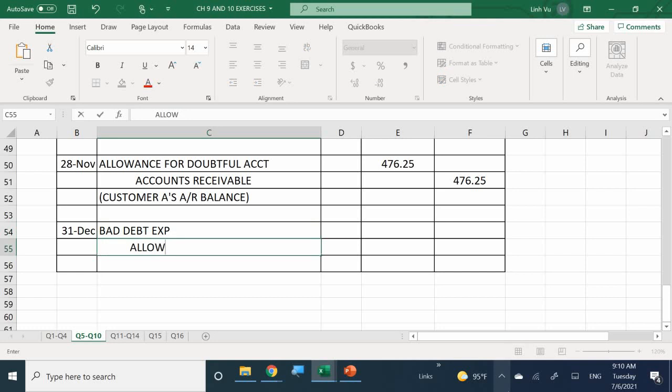And we are taking it out from our allowance for doubtful accounts. Okay? Is that considered a contra account? The allowance for doubtful accounts is a contra account to accounts receivable. Bad debt expense is going to be an adjustment entry. It's a regular expense account.